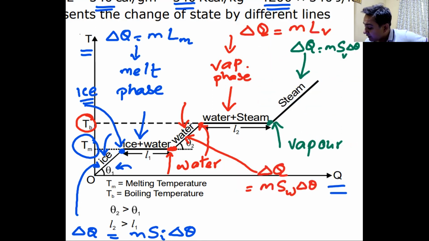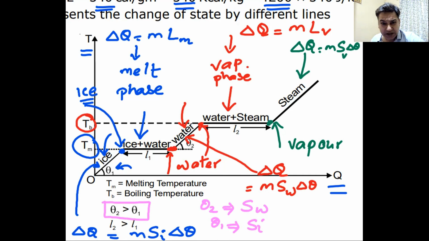I will use this pink ink. Let me talk about this theta 1, theta 2. Now, this theta 1 and theta 2 are the angles at which these two lines are inclined. Remember, this theta 2 basically stands for the specific heat of water, and this theta 1 basically stands for the specific heat of ice.